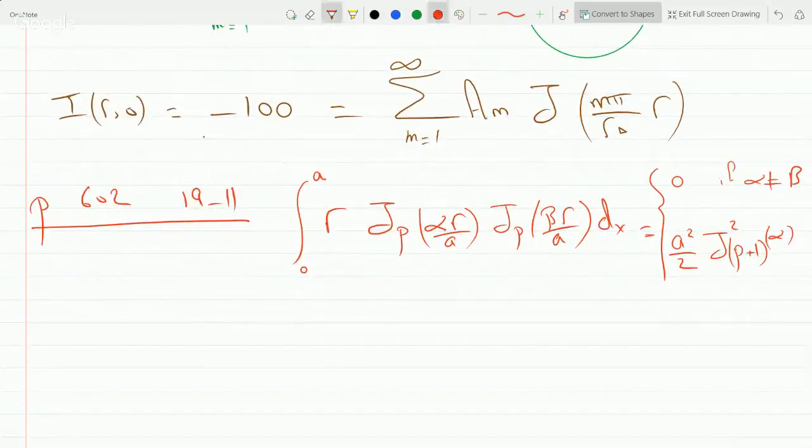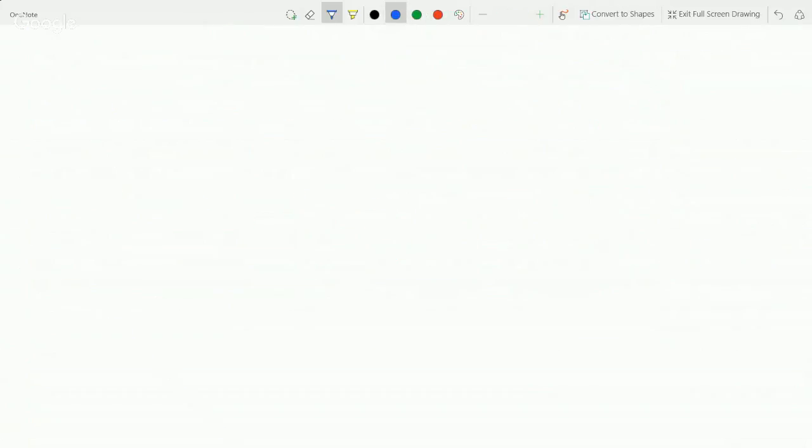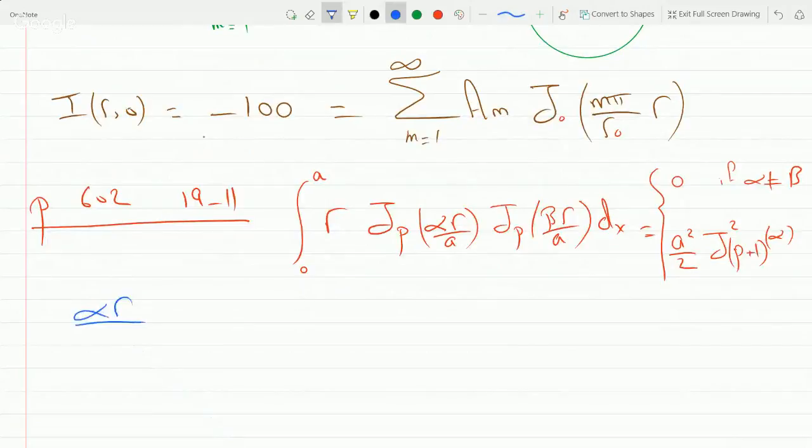So if I apply this to mine, we know that alpha r over a has to equal what's inside my Bessel function, m pi over R0 r, which means if you match this, a has to equal R0 and alpha has to equal m pi according to this.